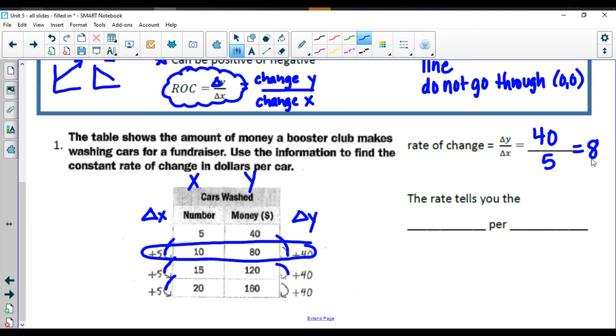This is going to be a single value, just like our K value was in the last couple lessons. Our rate still tells us the Y, the dollars, per the X, which is the number of cars. So in this case, with the rate of change being 8, it tells me it's $8 per car. And since I actually divided, that would be per 1 car washed.